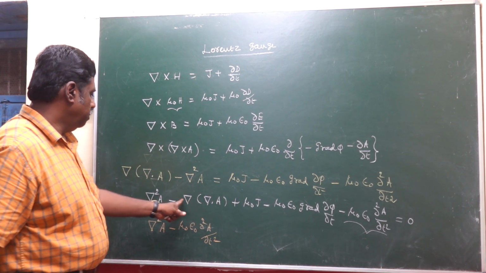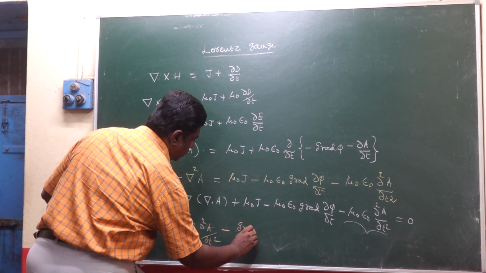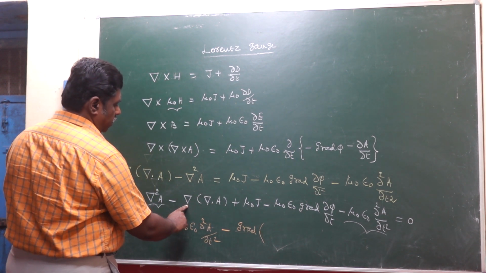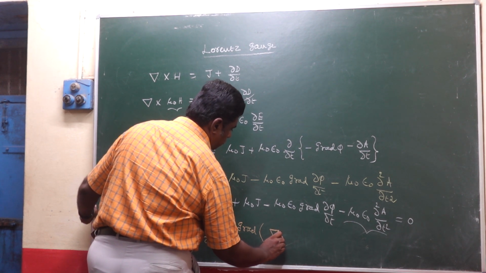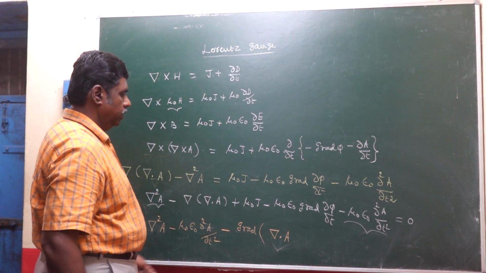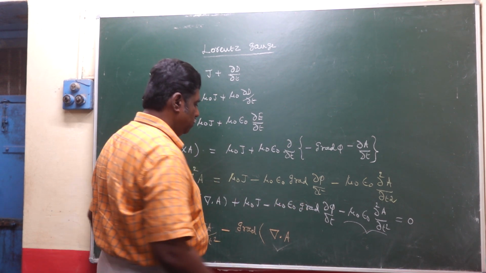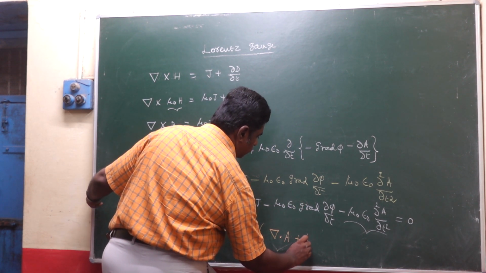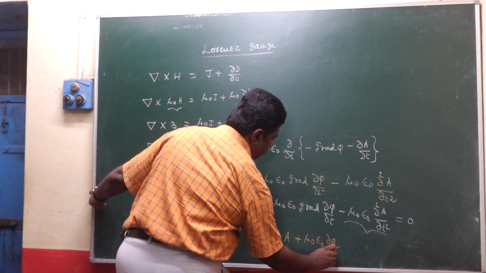Take this minus gradient outside. Minus gradient of, this is nothing but a gradient operator, then write down the rest of the terms, div A. We have taken out minus gradient outside, so this is plus mu naught epsilon naught dou phi by dou t.